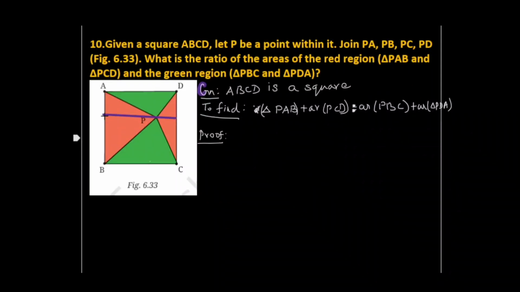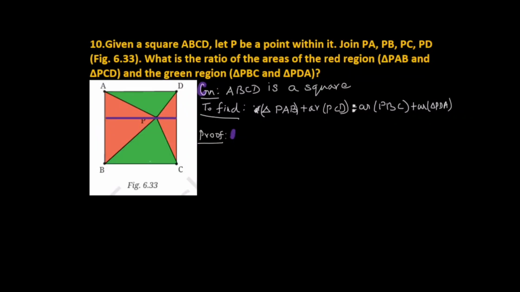Many parallel lines we can draw. Now we are going to draw a parallel line through the point P, parallel to BC.